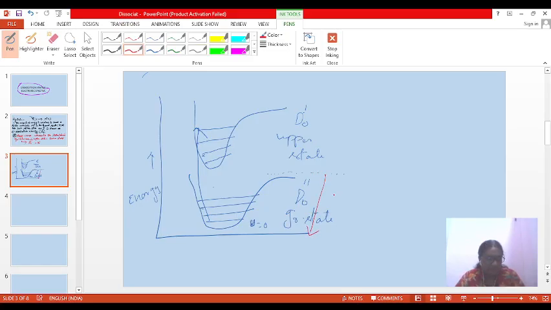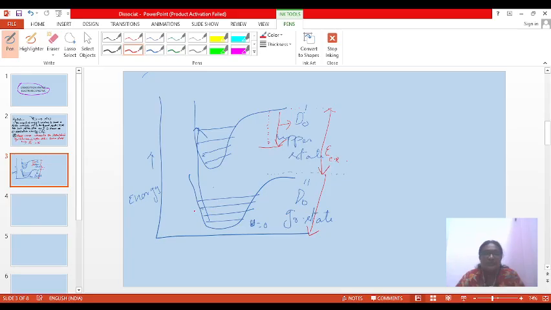This is the T0 double prime. Here also, this is the T0 single prime. The overall transition from the lower state to the upper state, this point is E excitation.